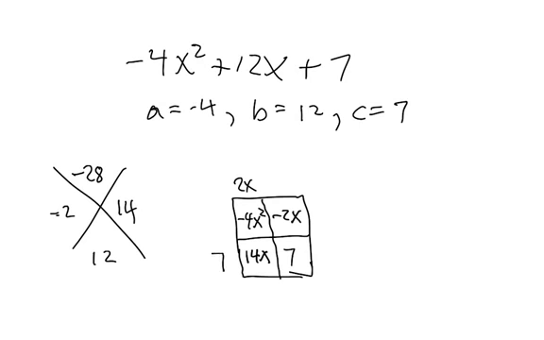So we know that's a 7. 7 times 1 gives us 7. 1 times negative 2x gives us negative 2x. And so our factors are 2x plus 1 and negative 2x plus 7.